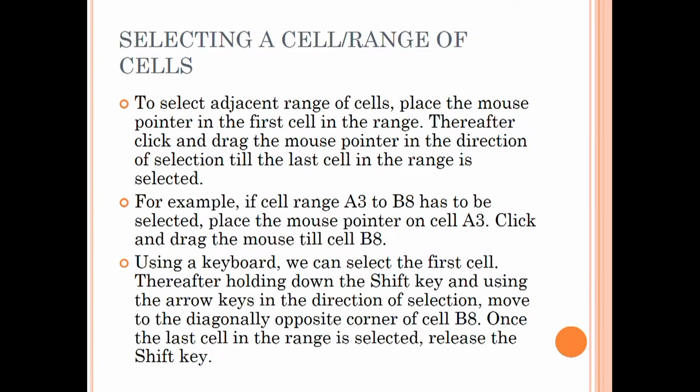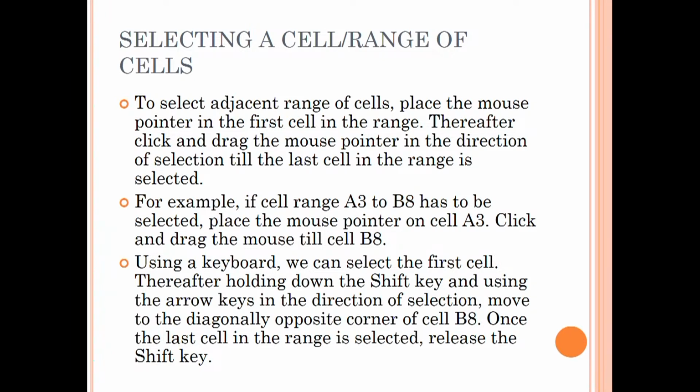So if you want to select adjacent cells, a range of cells, you have to place the mouse pointer in the first cell in the range, and thereafter click and drag the mouse pointer in the direction of selection till the last cell in the range is selected. I hope I am able to convey to you how you select a range of cells.